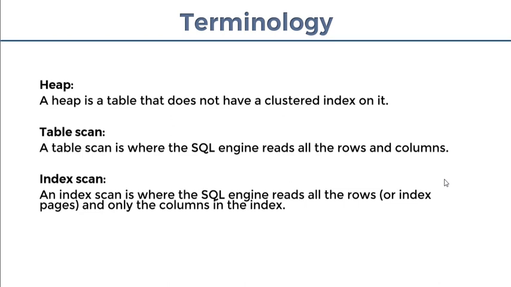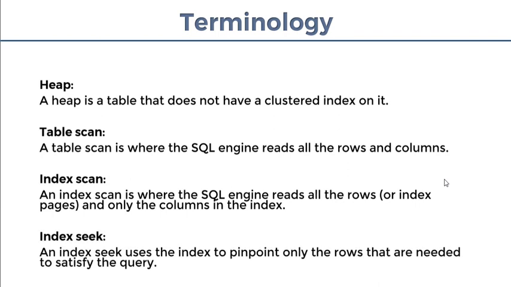An index scan is where the SQL engine reads all the rows and all the columns in the index. A table scan is where the engine reads all the rows and columns from the table, and an index scan is where the engine reads all the columns and rows from the index.